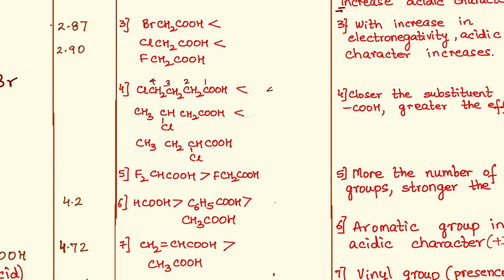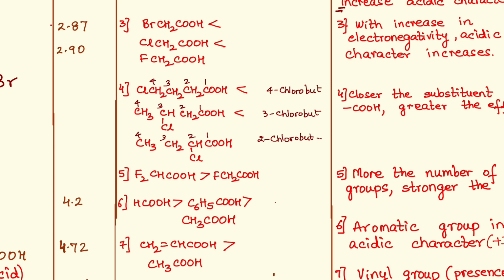So this is 4-chlorobutanoic acid. Whereas 1, 2, 3, 4, 3-chlorobutanoic acid, 1, 2, 3, 4, 2-chlorobutanoic acid, and so on.